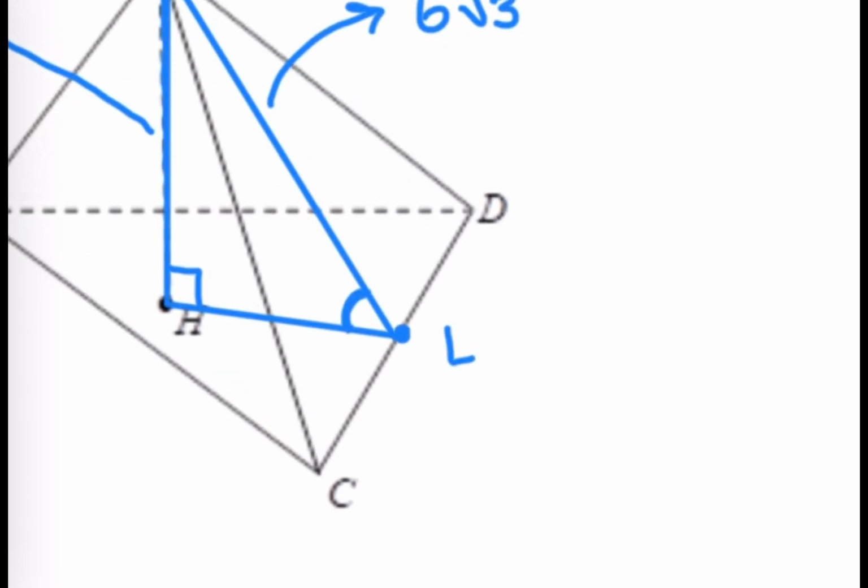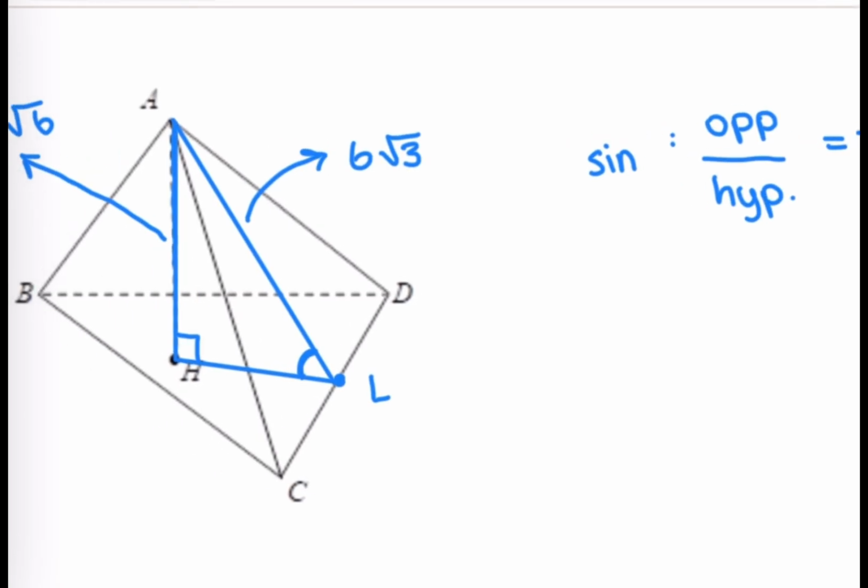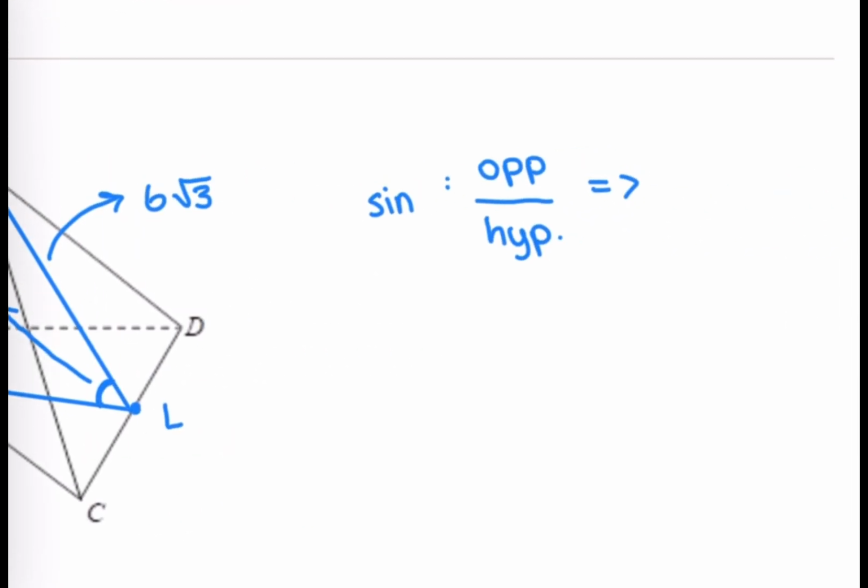of angle L. So the sine rule is opposite over hypotenuse. The side opposite to angle L is 4 radical 6.